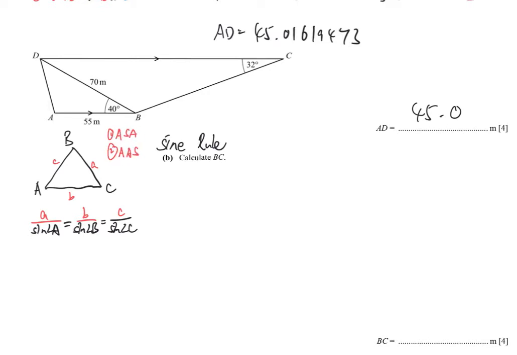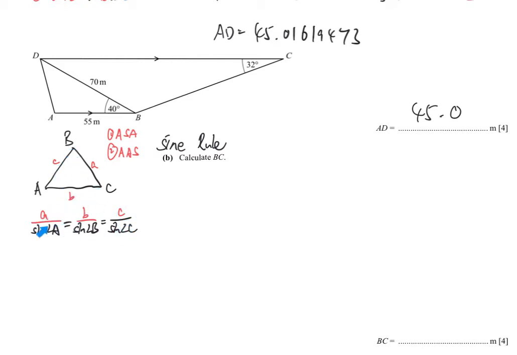For two sides and one angle, normally you can use the cosine rule, but for an SSA type triangle, you can have two possible values. So for the sine rule, the formula is a over sine A, the side opposite the angle, equals b over sine B, equals c over sine C.